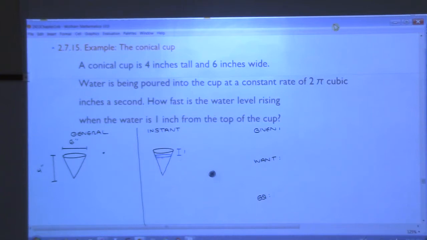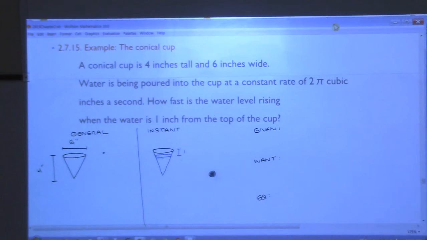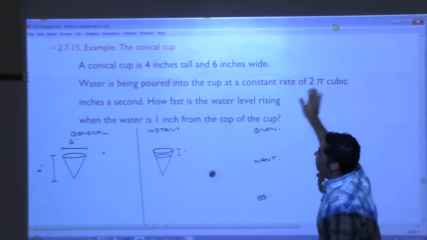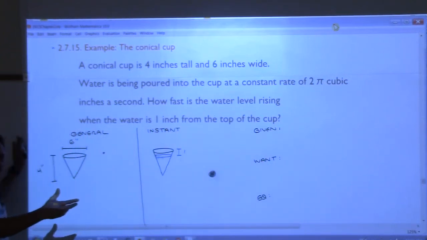Okay. Anything else about what I'm given, what I want? Anything that you can throw up here. You have what I guess would be df over dl, which would be... wait, d what? dl. I used f for flow rate, so it would be 2 pi cubic inches per second. Your rate of flow, right? If it's cubic inches, it's a measurement of volume, right?